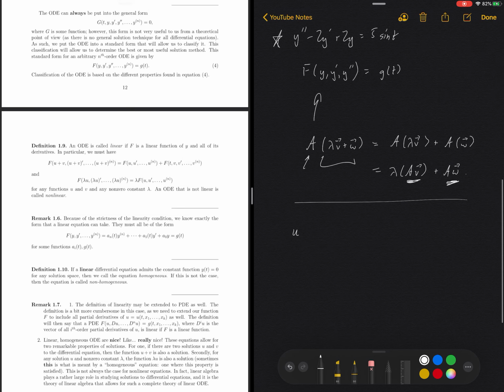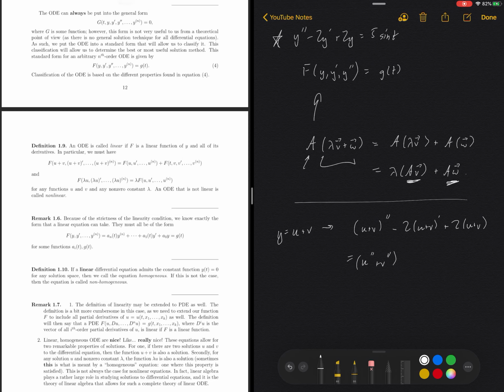For example, up here, this is an example of a linear differential equation, right? If I say y equals u plus v, then look what happens. This is u plus v double prime, minus 2 times u plus v prime, plus 2 times u plus v on the left-hand side.